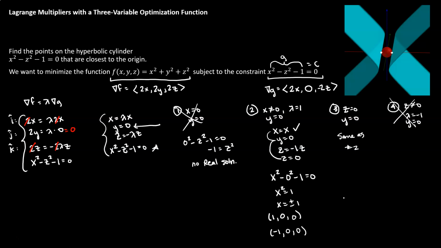Now, unlike the last problem, this question does not ask us to find the minimum value of the function. It does specifically say find the points. So for this problem, our answer would be these 2 points. These points are closest to the origin. And we would be done.